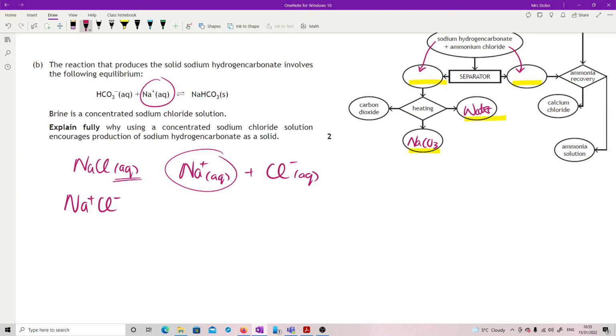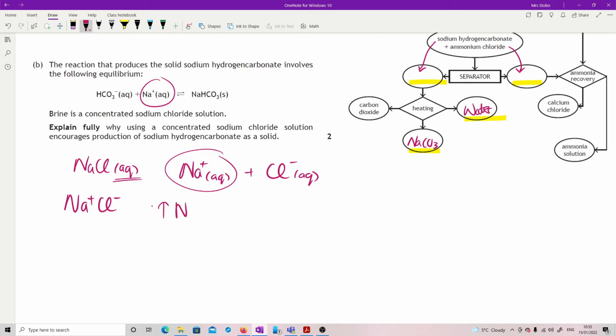So what you're doing is you're going to force Le Chatelier to kick in. Okay, so what you're doing is increasing your sodium massively by dumping in a highly concentrated solution of it.